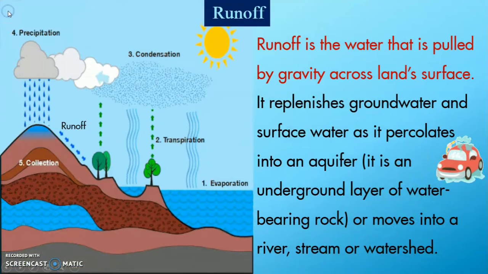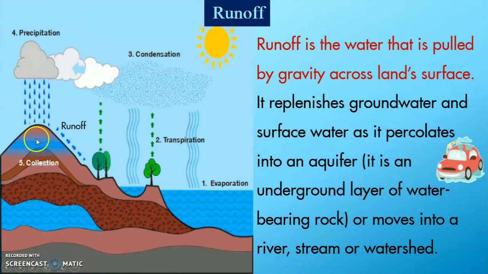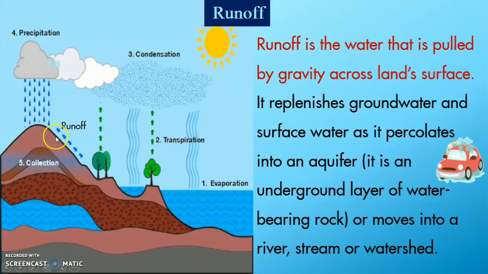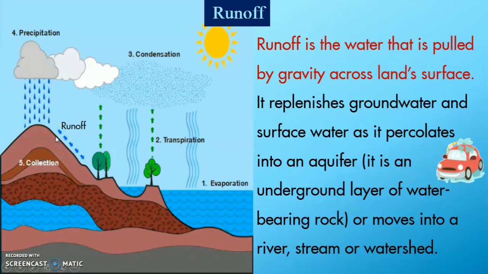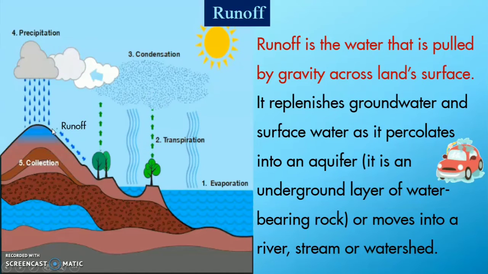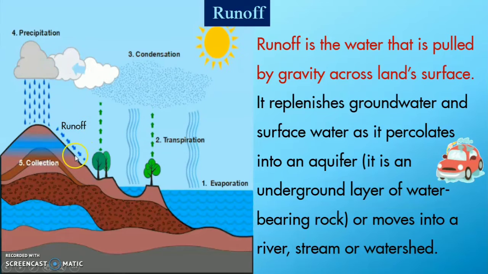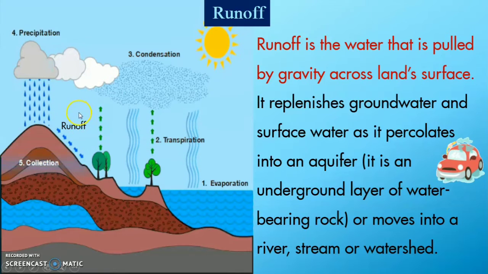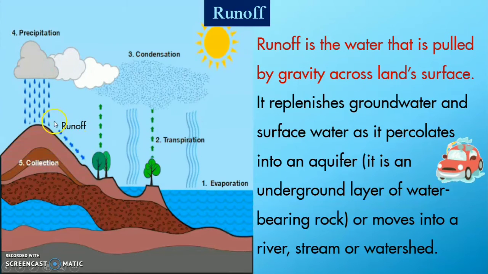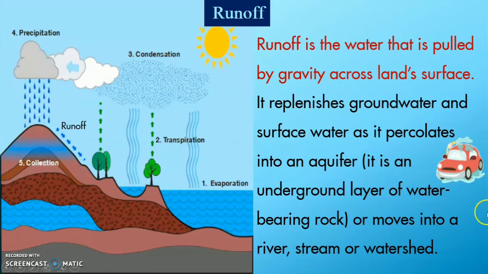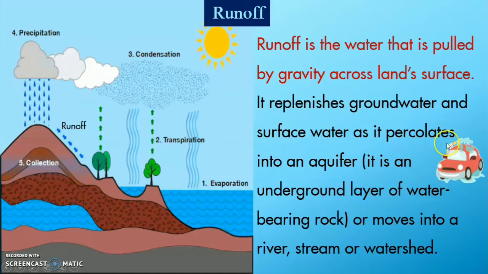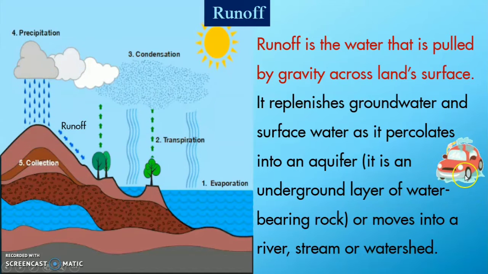Next, let's learn about runoff, which is the next component in the hydrologic cycle. Now, what is runoff? Children, runoff is nothing more than water running off the land surface. See children, here I would like to give you an example. When you wash your car, the water with which you wash runs off, isn't it?